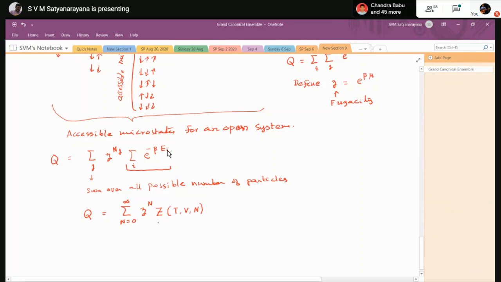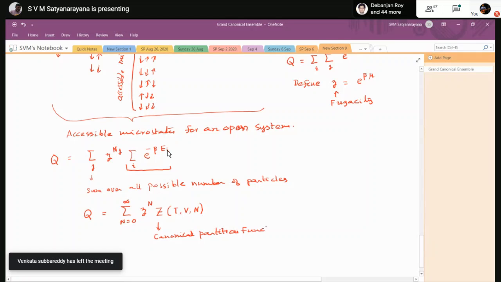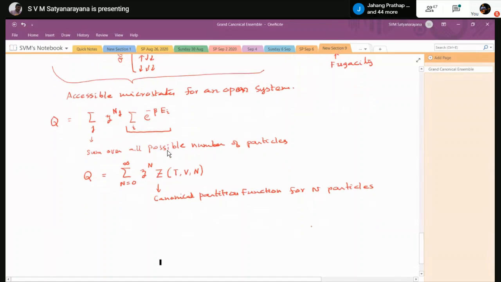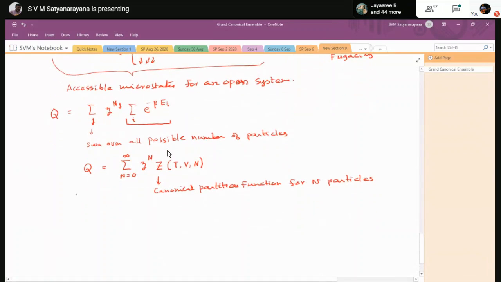So this is the canonical partition function for n particles. But now, for each n I have a different partition function. I will forget about T and V because that is the same for Q also.